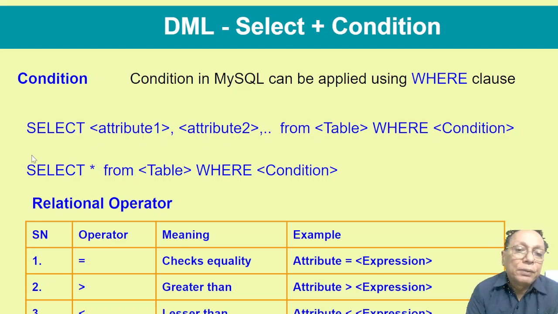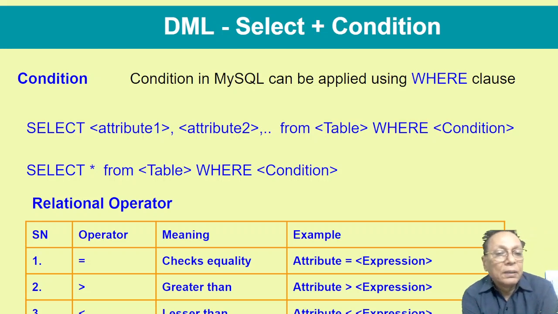The second statement could be select star, where star is a wildcard character, so it includes all the columns of the table, from table, then where condition. It means you want to extract, filter or select the rows from the table for a particular condition or criteria, so you can use the where clause.